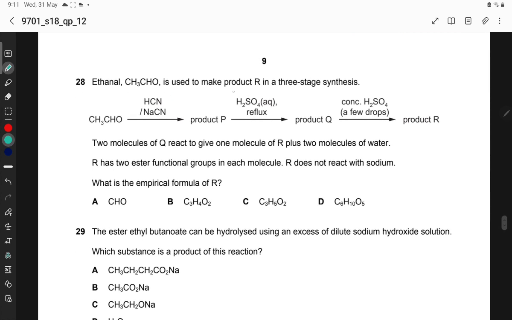Ethanol is used to make product R in a 3-stage synthesis: CH3 CHO, HCN, NaCN.